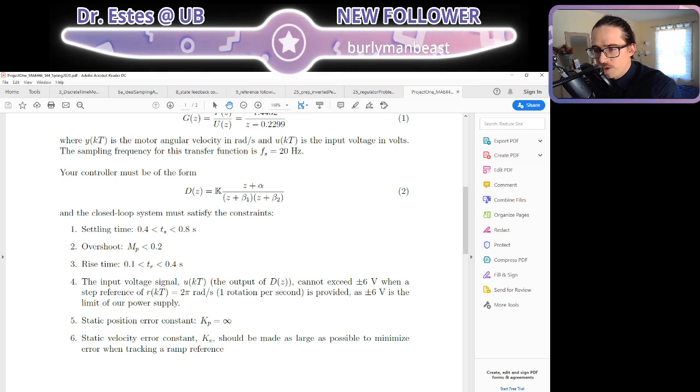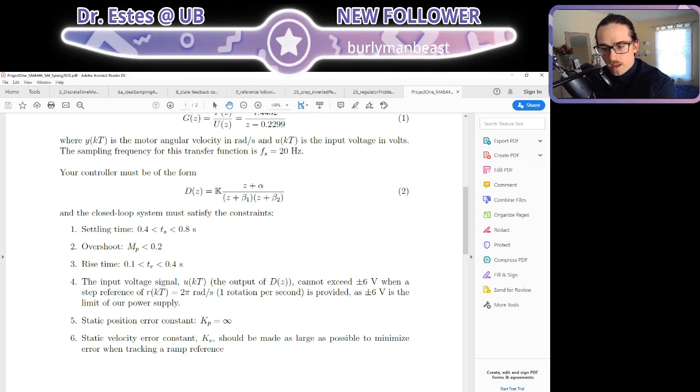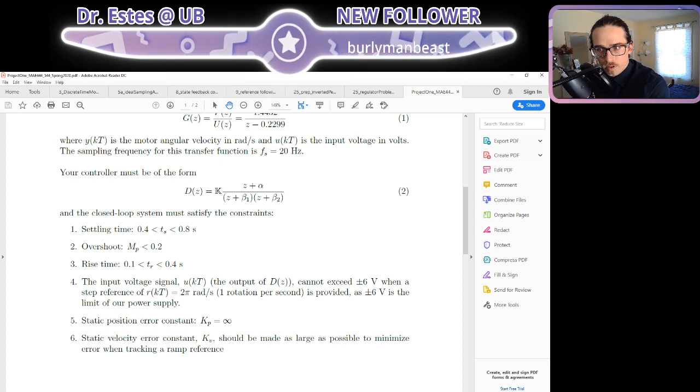Chris says, is the more accurate rise time formula suggested for the project, or is the approximation okay? I would use the approximation to make the boundaries in the z-plane. And then I would pick some target poles based on those boundaries.